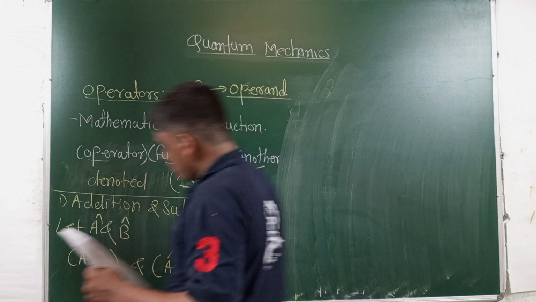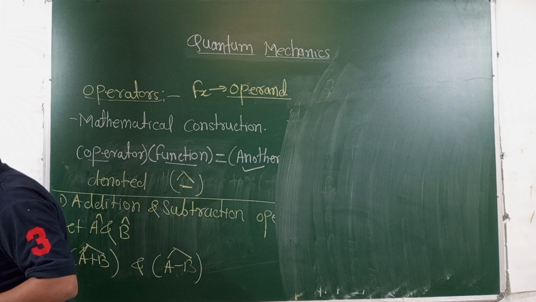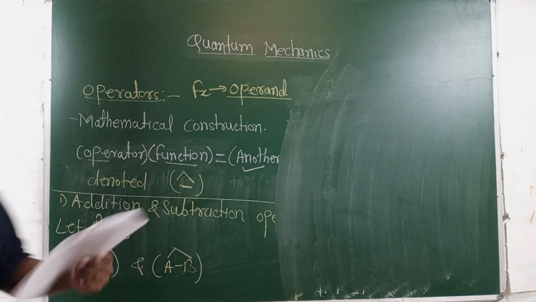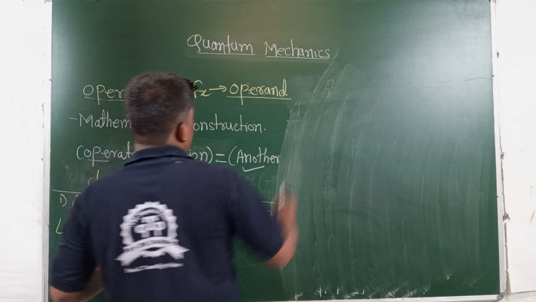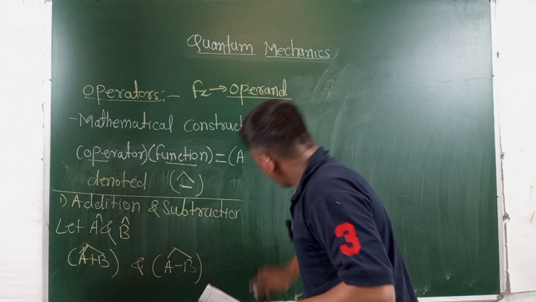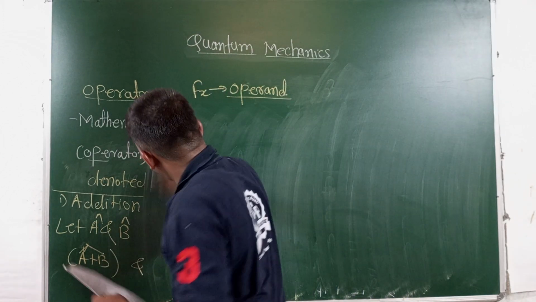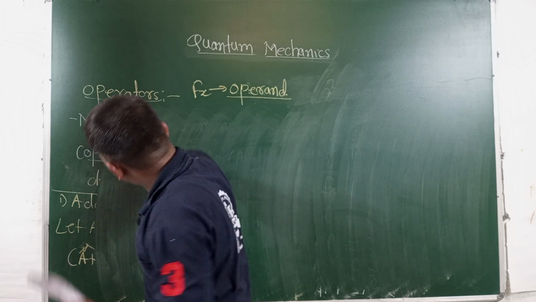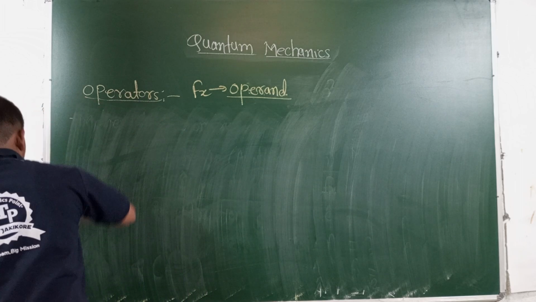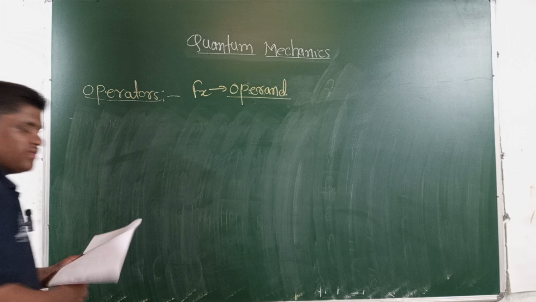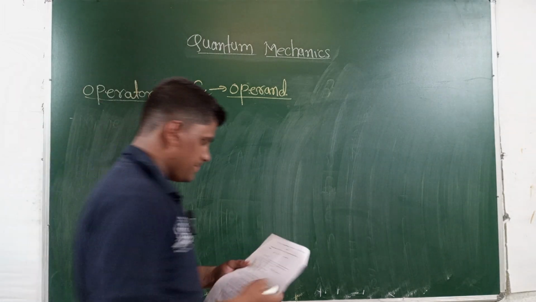What is the difference between operator and operand? The operator is one of the mathematical steps, or any procedure, followed on the function. This function is called the operand, and the procedure is called the operation.